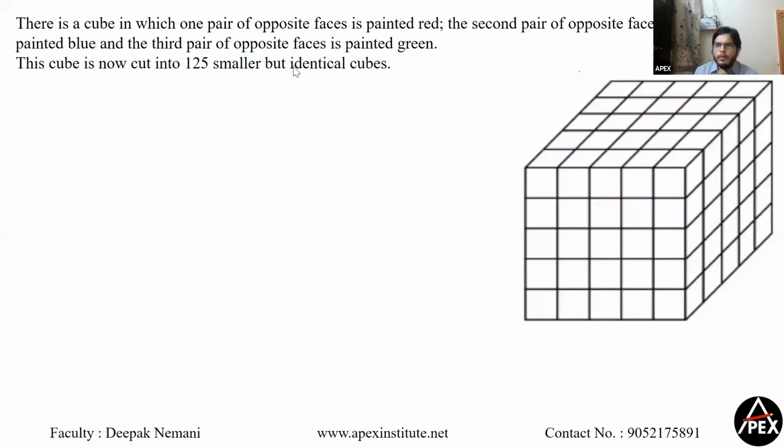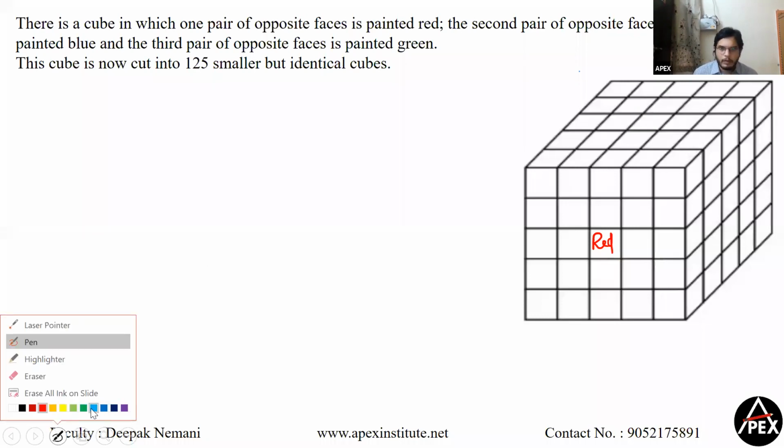Now there is a cube. A pair of opposite faces is painted with red, so I consider the front face and back face painted with red. The second pair of opposite faces is painted with blue, so I will consider the top face and bottom face.